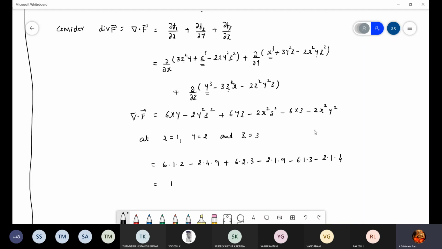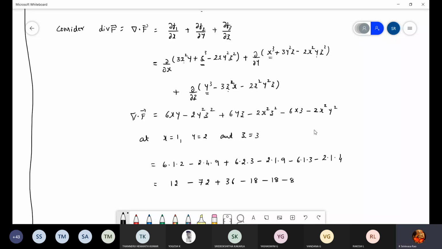So that gives 12 minus 72 plus 36 minus 18, plus 18, minus 8.